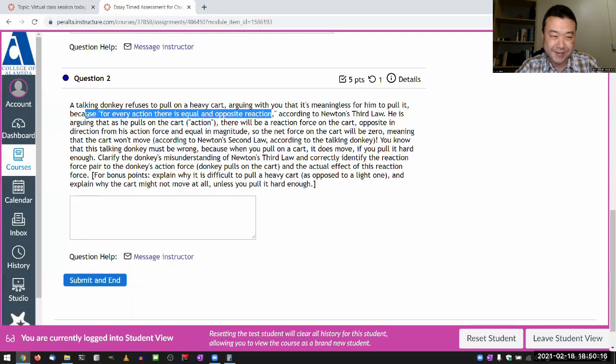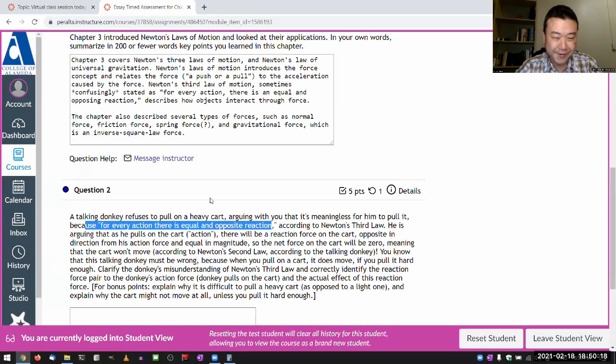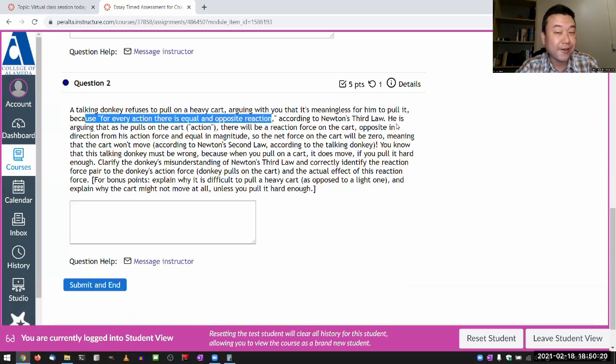I literally didn't see this before I put that up there. According to Newton's third law, he is arguing that as he pulls on the cart, the action, there will be a reaction force on the cart opposite in direction. So the net force on the cart will be zero, meaning that the cart won't move according to Newton's second law, according to the talking donkey.